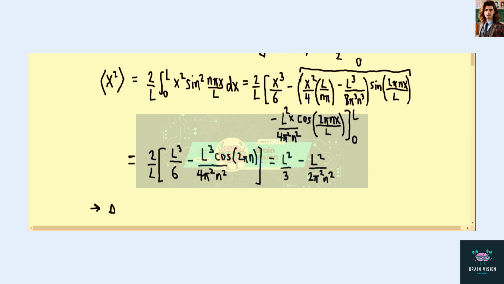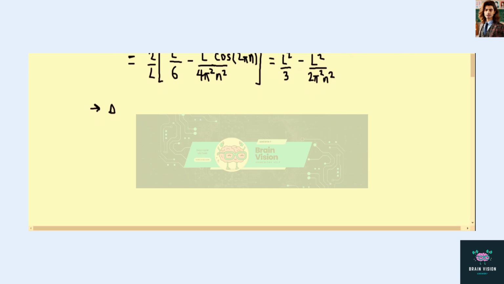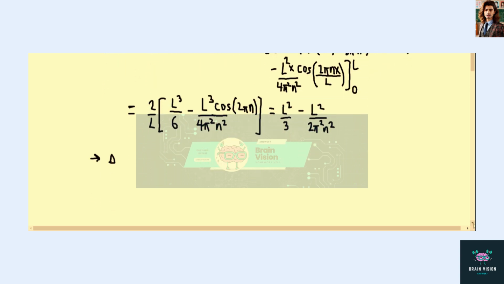So we have L cubed over 6 minus L cubed times cosine 2 pi n over 4 pi squared n squared in the denominator as well, multiplied by 2 over L. That simplifies to what we have for the final result: L squared over 3 minus L squared over 2 pi squared n squared. And we see that already, if n is equal to 0, we start to see something that's a bit questionable and a little bit suspicious. So we'll keep that in mind, and we'll go ahead and see what the uncertainty is for x, because now we can get that.